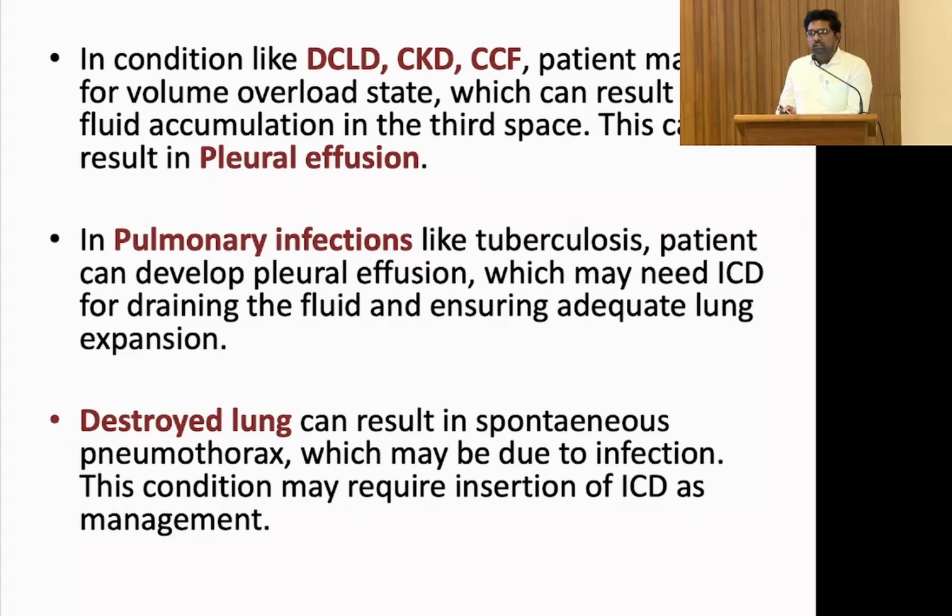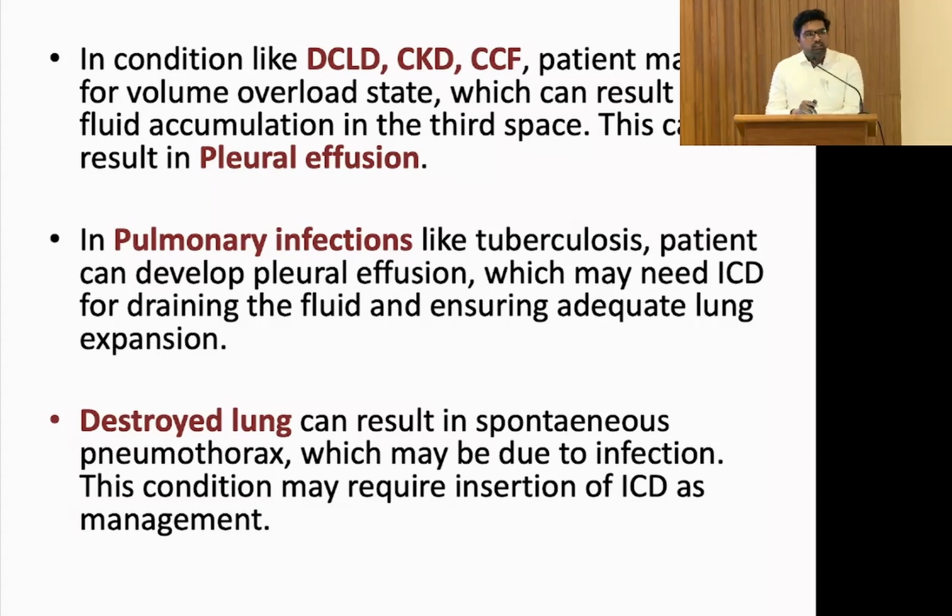And in conditions like decompensated chronic liver disease, chronic kidney disease and cardiac failure, the patient will have a volume overload status. Because of this volume overload status, there can be accumulation of fluid in the third space, resulting in a pleural effusion, which is also supposed to be removed by ICD insertion so that the lung can expand well.